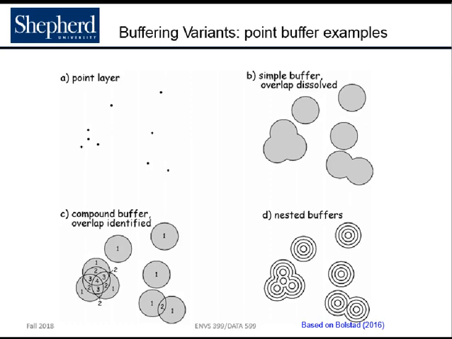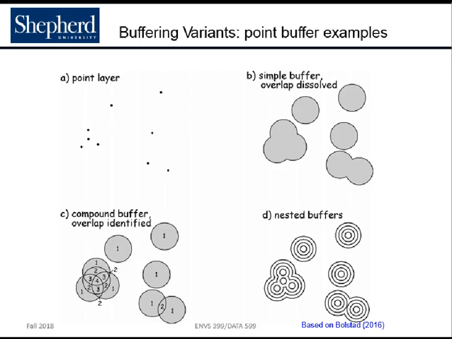A buffering variant, referred to here as compound buffering, provides more information. Compound buffers maintain all overlapping boundaries, as we see in Figure C. All circles defined by the fixed radius buffer distance are generated.